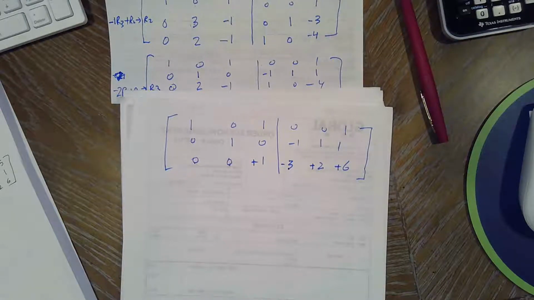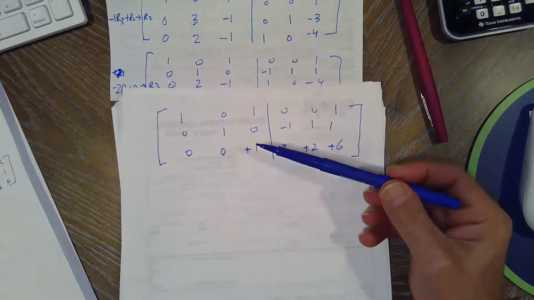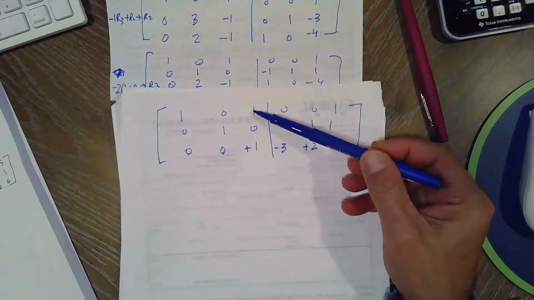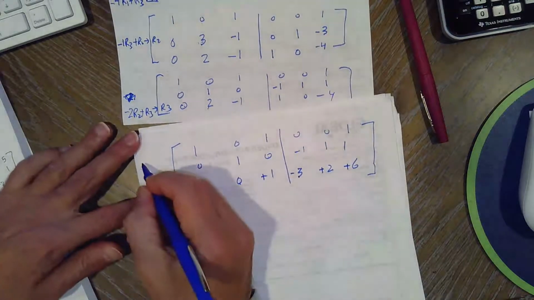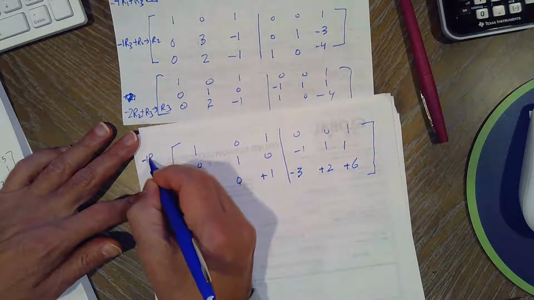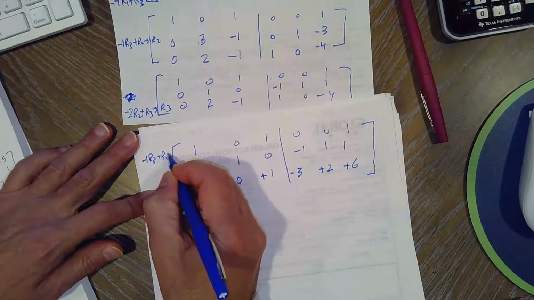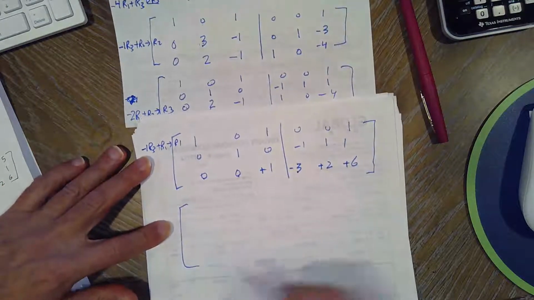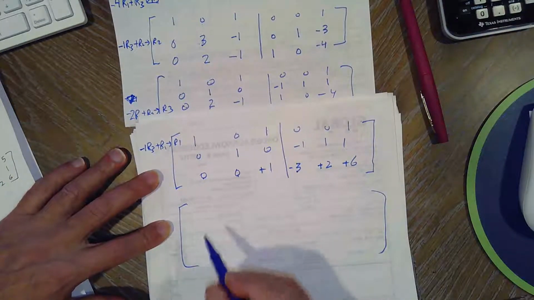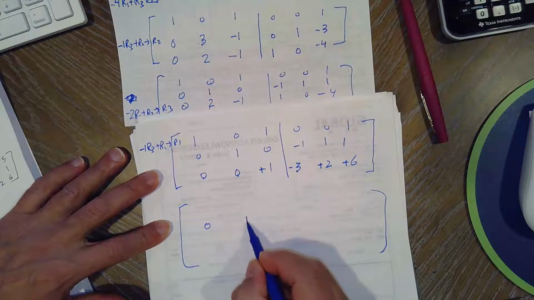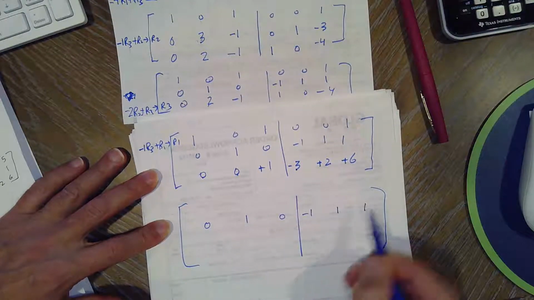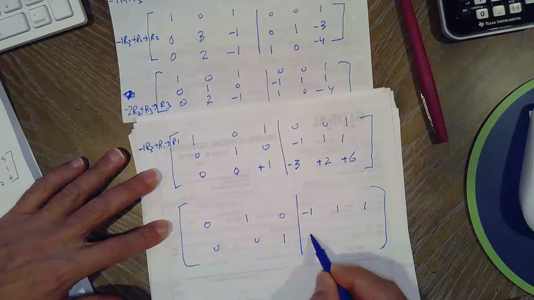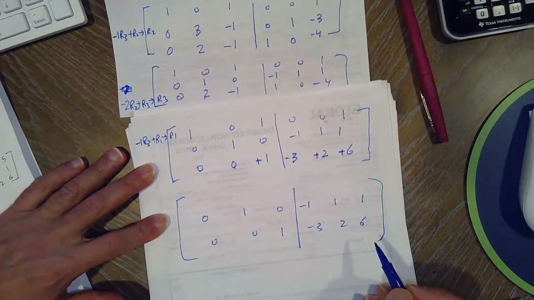So now all I need is, this is a 0, all I need is to have a 0 up there, so we're timesing the third row by -1 and adding it to the first row. So let's copy rows 2 and 3 first. 0 0 1 -3 2 6.